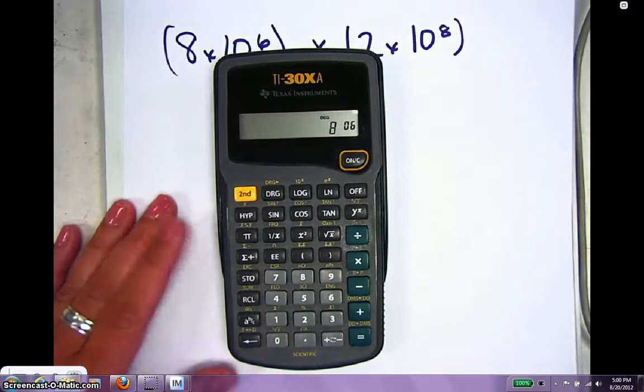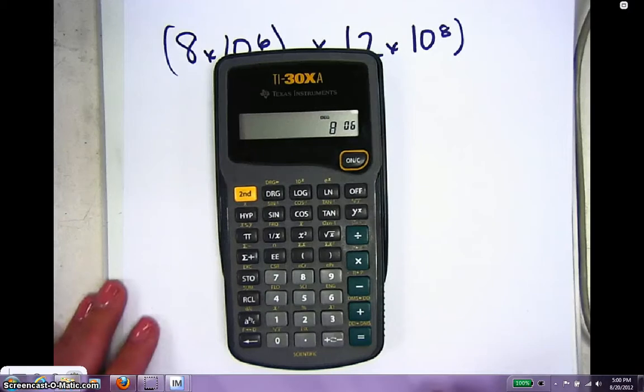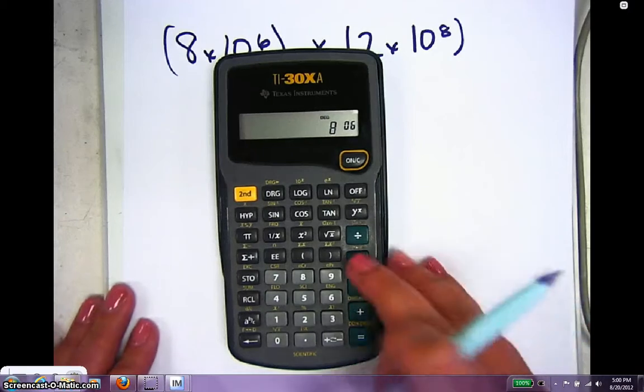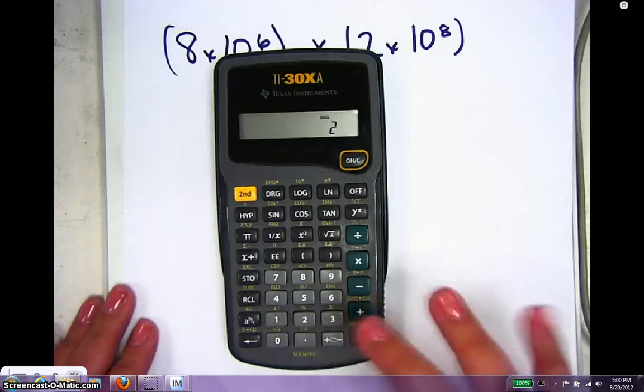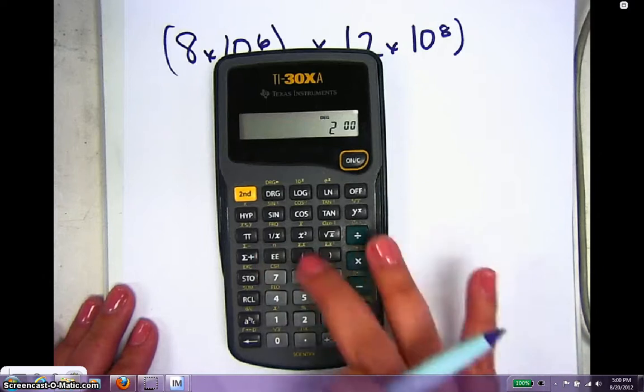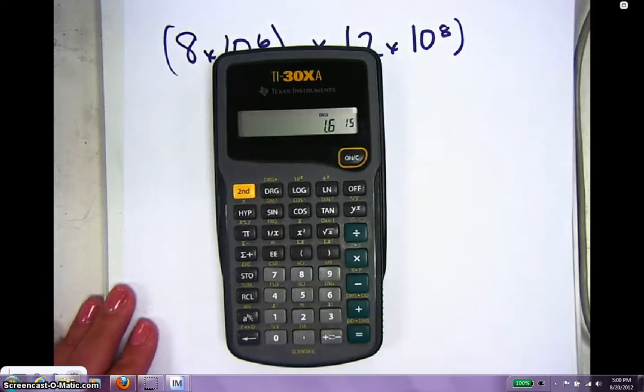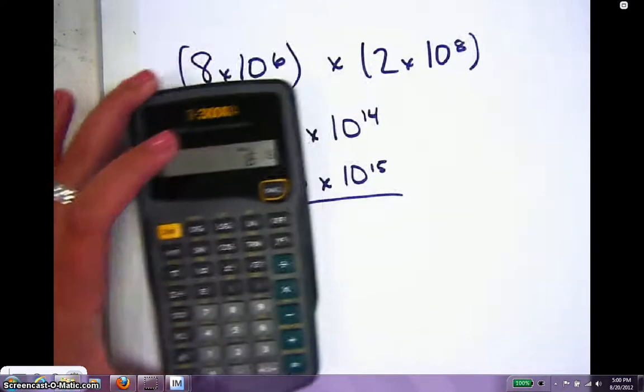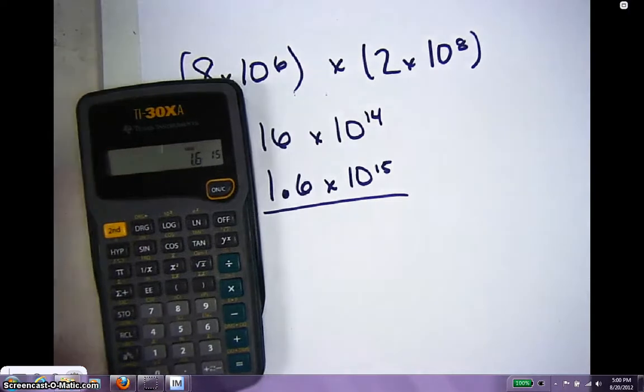Okay? So that means 8 times 10 to the 6th, and it just treats it like it's one number. So now I can multiply that by 2 EE 8, hit equals, and I get my answer, 1.6 times 10 to the 15th.